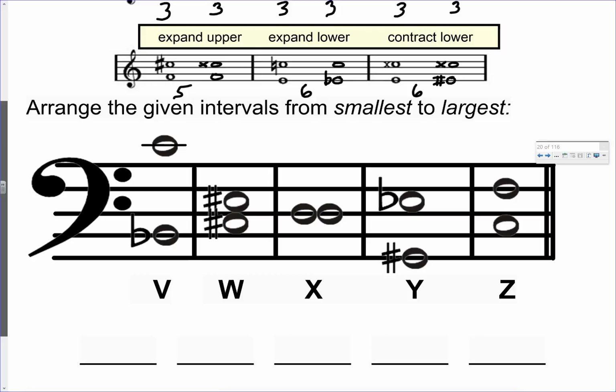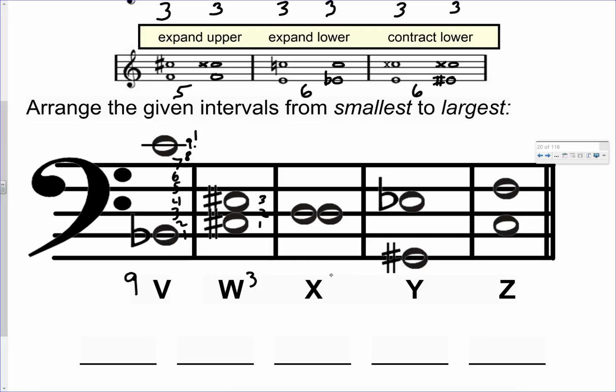So interval V, what did you come up with? Hopefully you said a ninth. And I'll just show you how we got there. That's how we got to the 9. Interval W is a third.